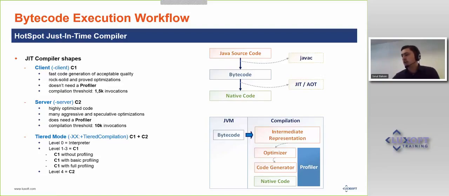The things are a little bit more complicated, and I won't go into too many details, but just for your information, the bytecode is translated into an intermediate representation, which is in a static single assignment form. It's a normalized form. Based on that form, it is optimized and the code is generated. This is how it works during runtime.